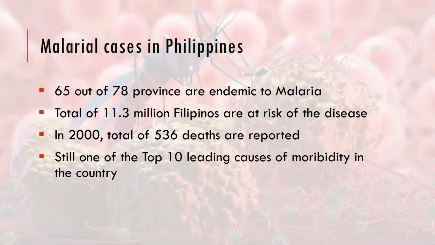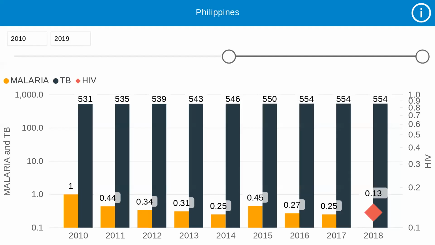Still one of the top 10 leading causes of morbidity in the country. If we are going to compare malaria to TB and HIV, meron din po tayong cases of malaria sa Pilipinas. Of course, TB, neglected tropical diseases din iyan.